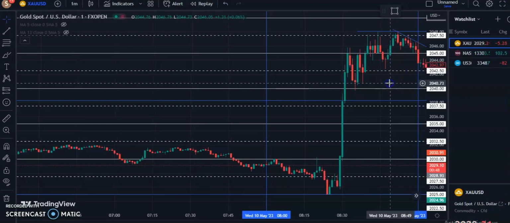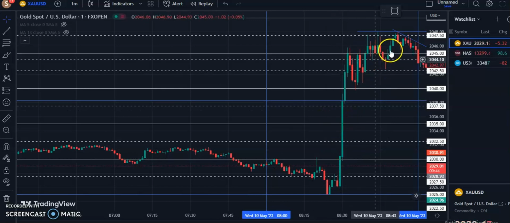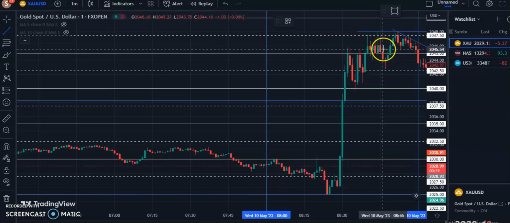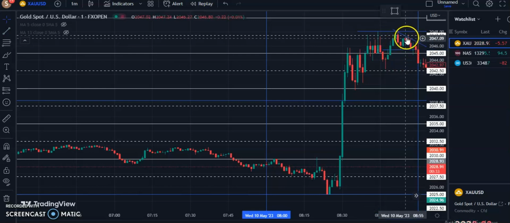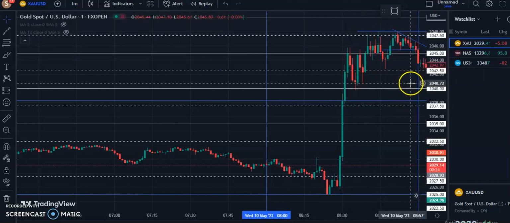But the process is still the same. We have the pump in the first hour, and then we have this M pattern at the last minutes of the hour, with the break of structure. So this is an already broken down market. Remember, this is the pump. The faster we go up, the faster we go down.